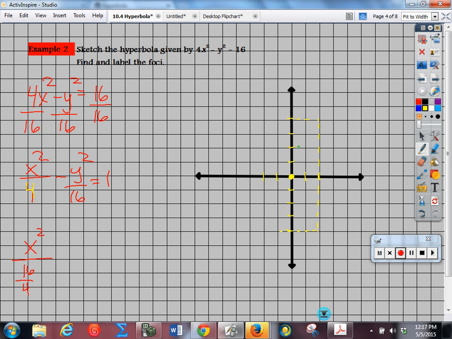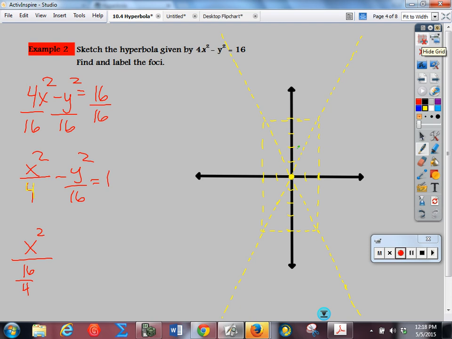And now, your asymptotes. So it looks like my slope is 2. Are they on the X or are they on the Y?